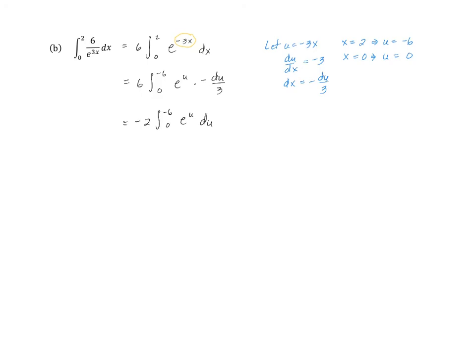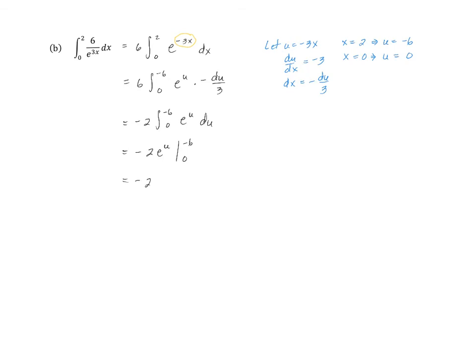Now if you choose, you can go ahead and get rid of the negative in front of the 2 and swap your limits of integration, but I'm not even going to bother. I know that the antiderivative of e to the u is just e to the u. So it's negative 2 e to the u evaluated from negative 6 to 0.